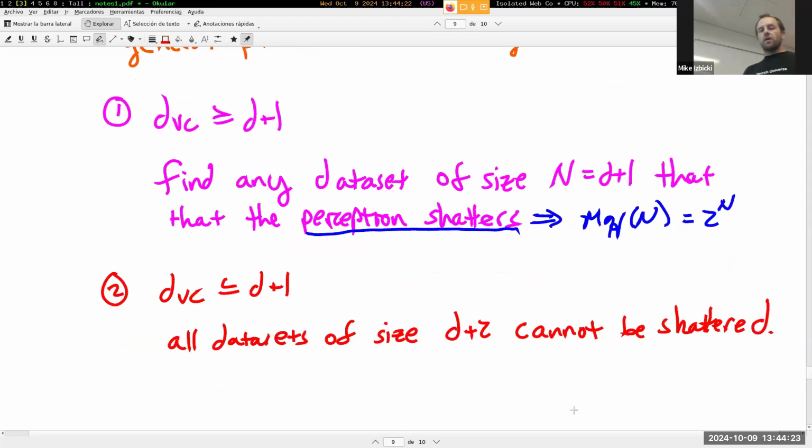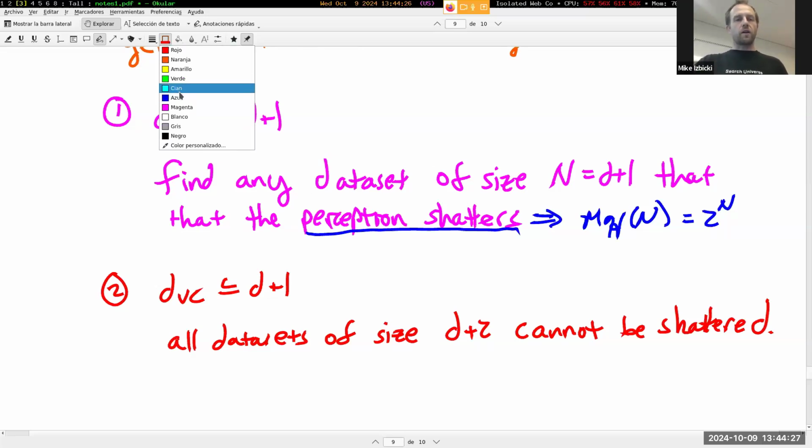Again, showing this is a technical linear algebra thing that is, I think, not important for our class, so we're not going to go into those details.